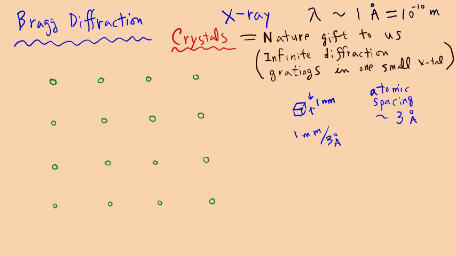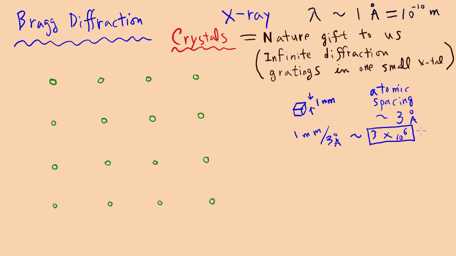How many atomic layers are in one direction? 1 millimeter is 10 to the negative 3 meter in SI units. The spacing is 3 times 10 to the negative 10. So that means this is about 3 million layers.